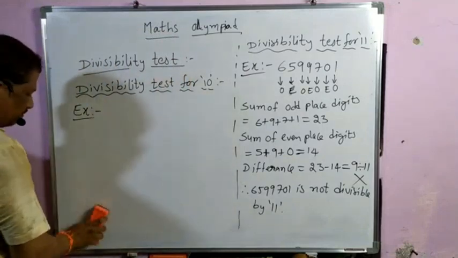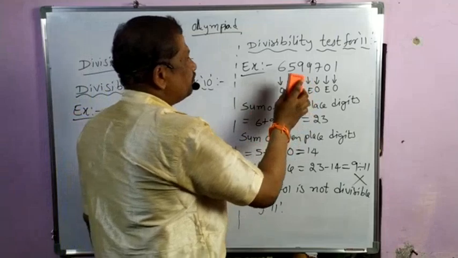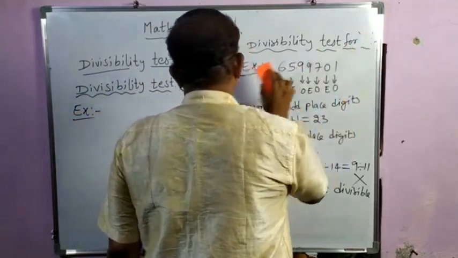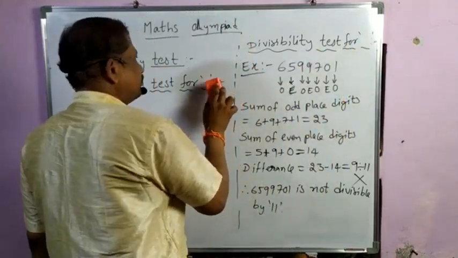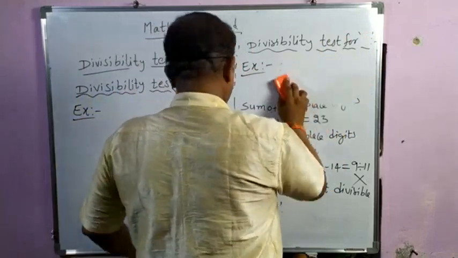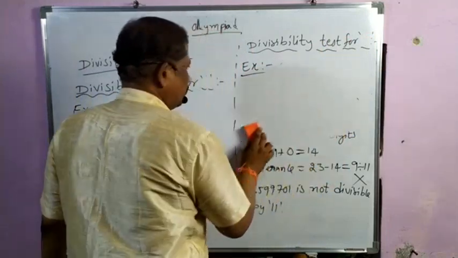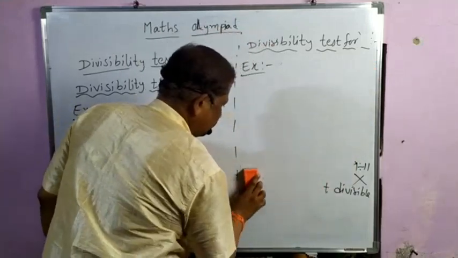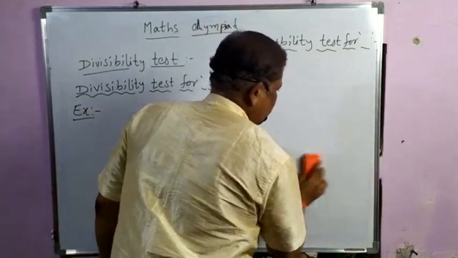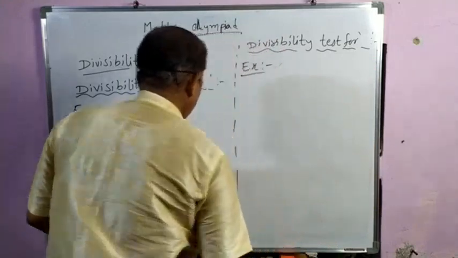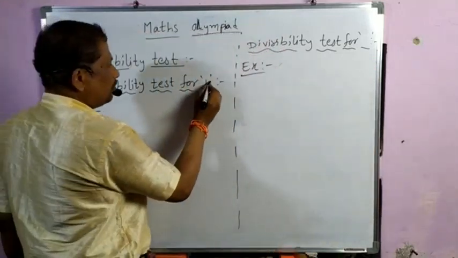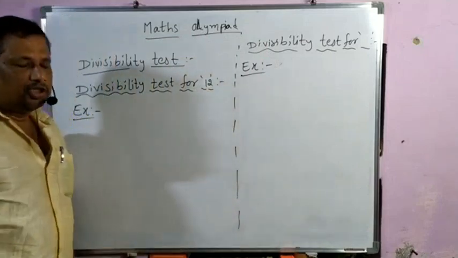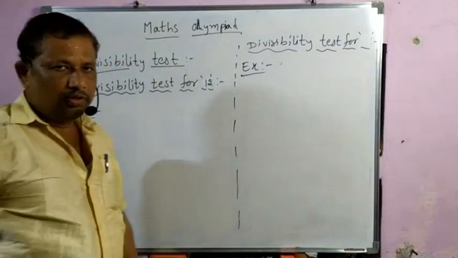Divisibility test for 12. So what is the divisibility test for 12?